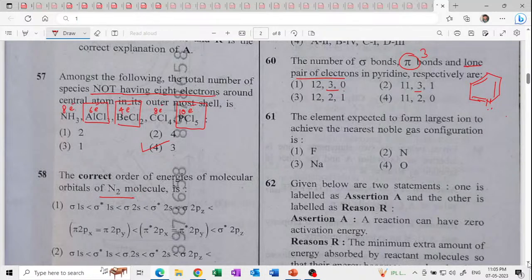So the second option is correct. This is a very important question: the number of sigma bonds, pi bonds and lone pairs of electrons in pyridine respectively. Get it? Very easy question.